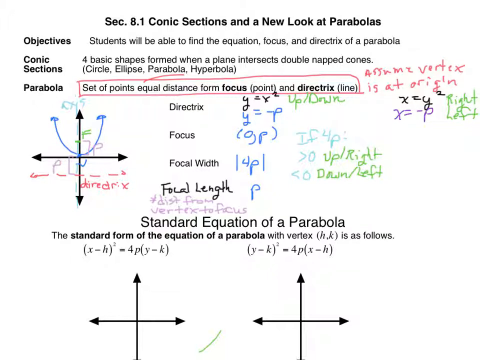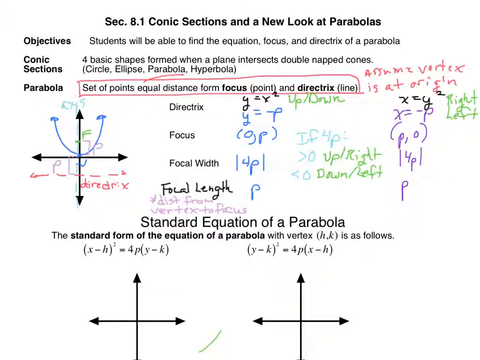Again, I don't memorize this, so don't get overwhelmed. It'll all make sense when we start doing a full problem. And then your focus is going to end up being p, 0. Your focal width is still the same, the absolute value of 4p, and your focal length is still p. So those haven't changed.